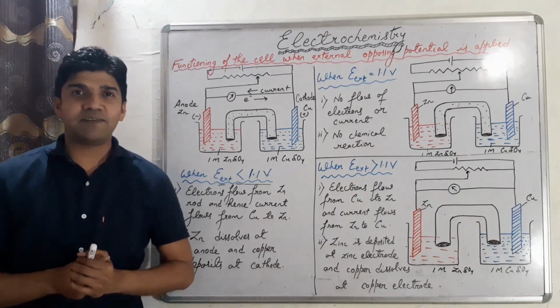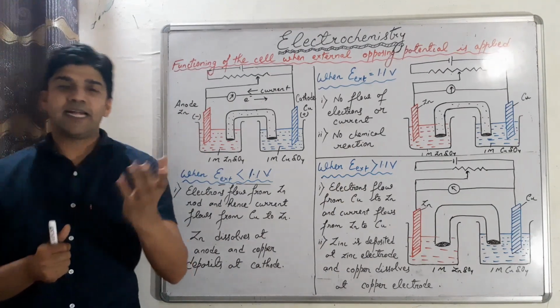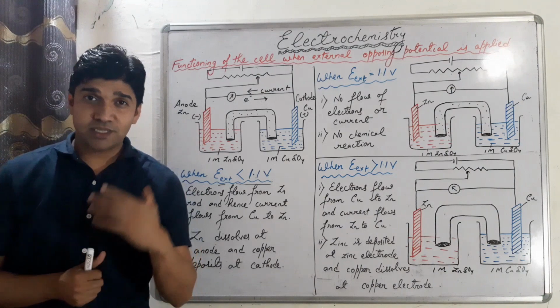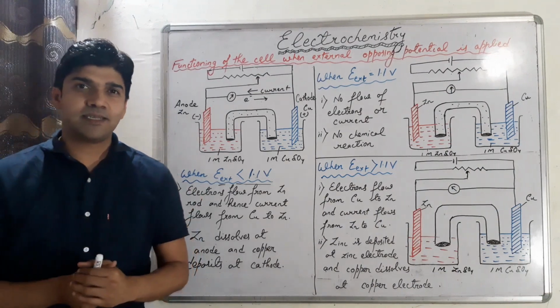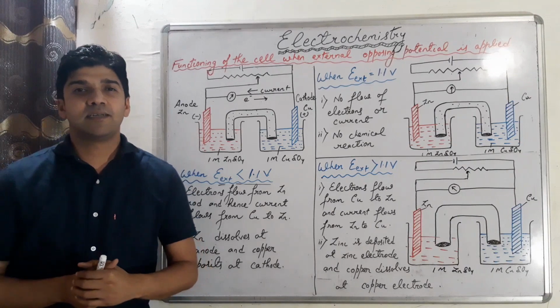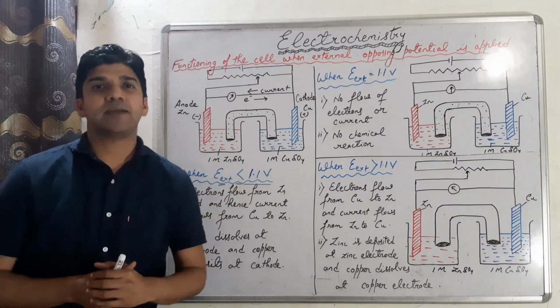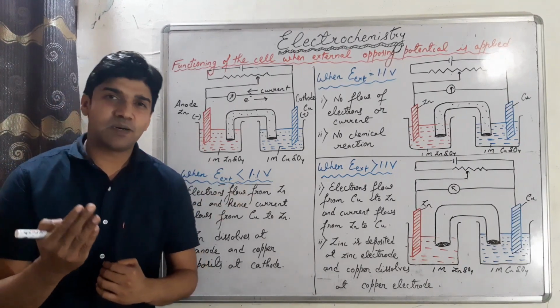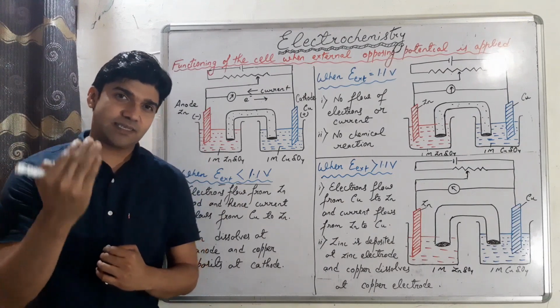So till now we have discussed the arrangement, the observations, the working of an electrochemical cell, Daniell cell. And then we have discussed the salt bridge and the functions of salt bridge.